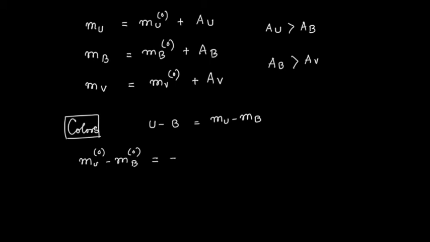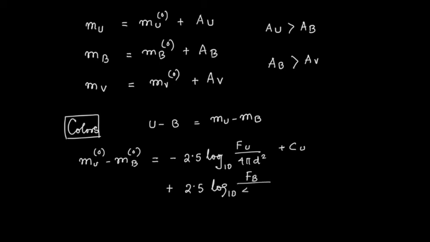What is MU? MU is some constant minus 2.5 log 10 of FU by 4 pi d square. And then I have minus of minus, which is plus log 10 of FB by 4 pi d square.